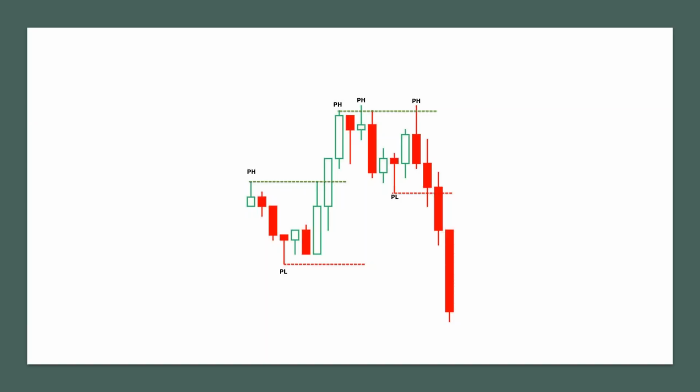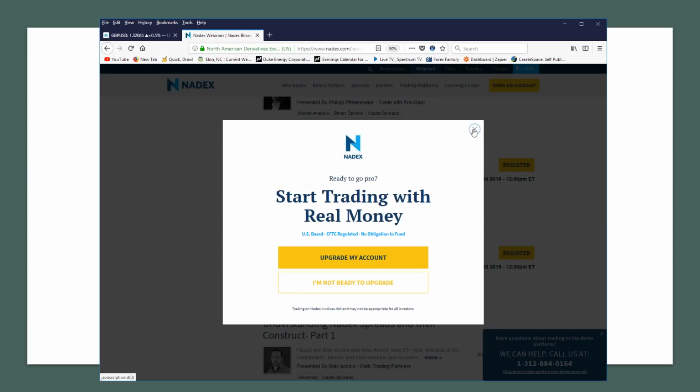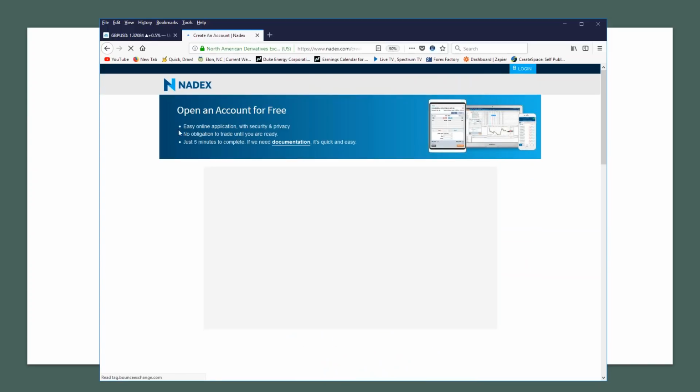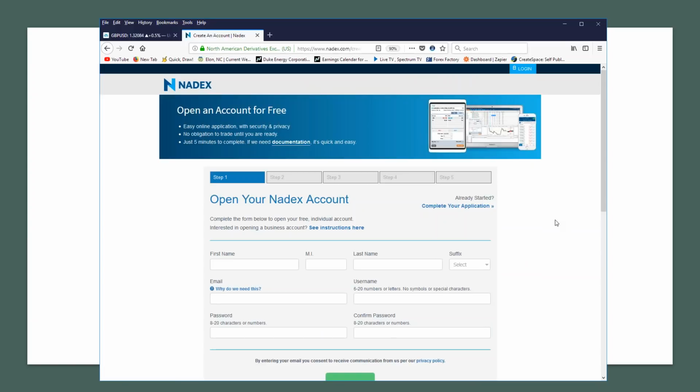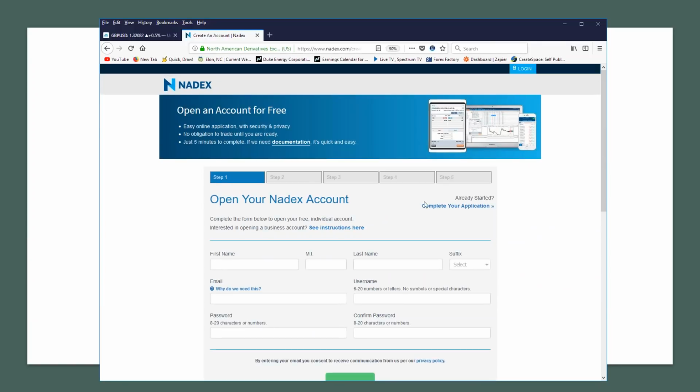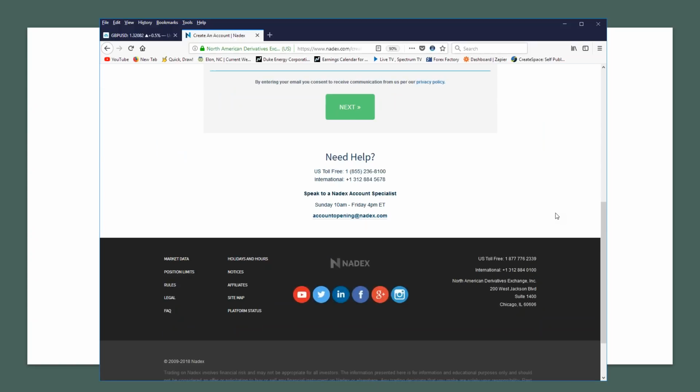Robert, if I were you, I would probably start with forex. Well, I'll show you how easy it is to find out. If we go to open an account, that's pretty much all you have to do. You fill out the information.